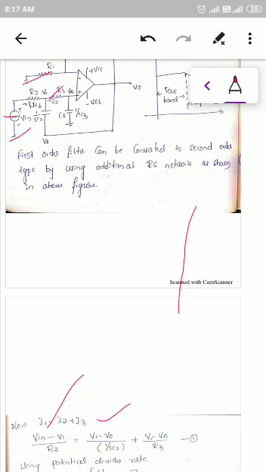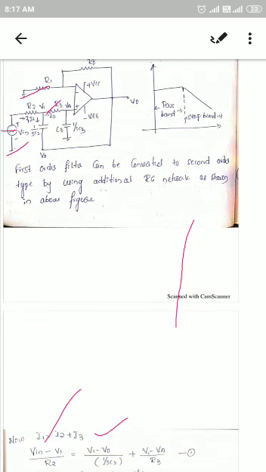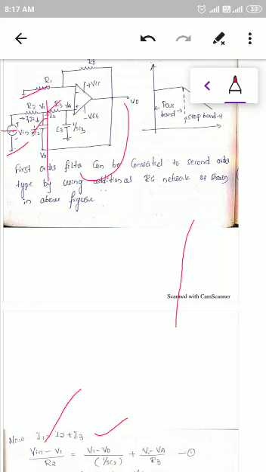Similarly, what is I2? I2 is the current flowing through the capacitance. So the current flowing through the capacitance is nothing but, you just refer here, the output voltage, so it is V1 minus V0 divided by the capacitance C. So I have written V1 minus V0 divided by the impedance of the capacitance C, which is 1 by SC.